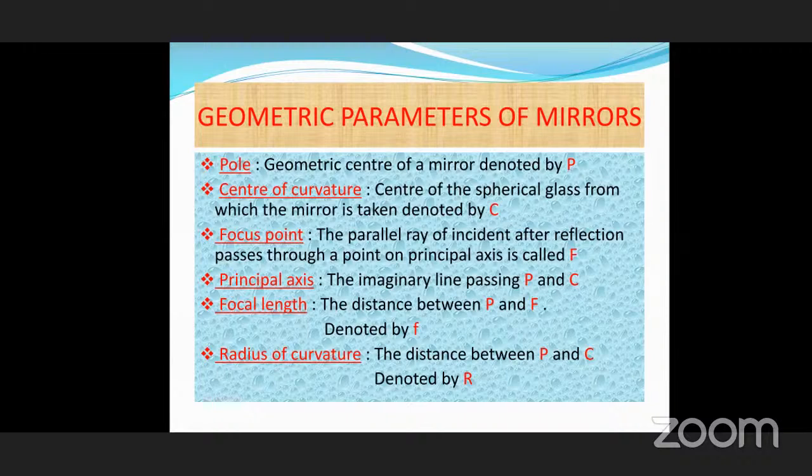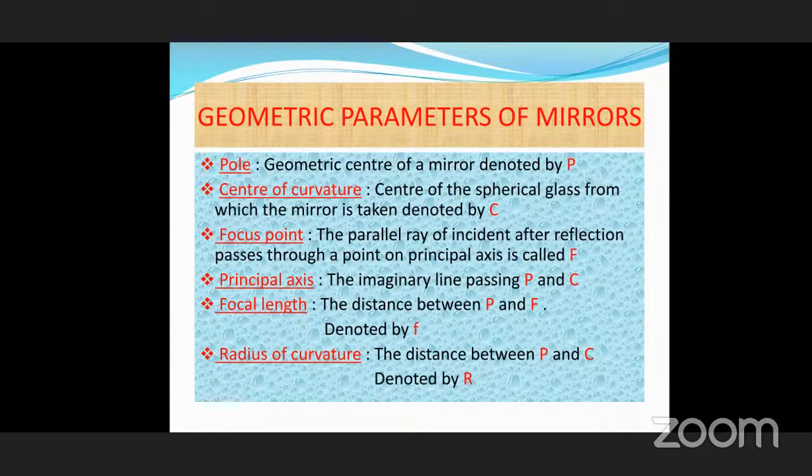So these are the important parameters of any mirror, whether it is a concave mirror or a convex mirror. There should be a pole, which is the geometric center, and also the center of curvature, which is the center of the sphere from which the mirror is taken. The focus point is where the parallel ray falling on the mirror, after reflection, passes through a point on the principal axis.